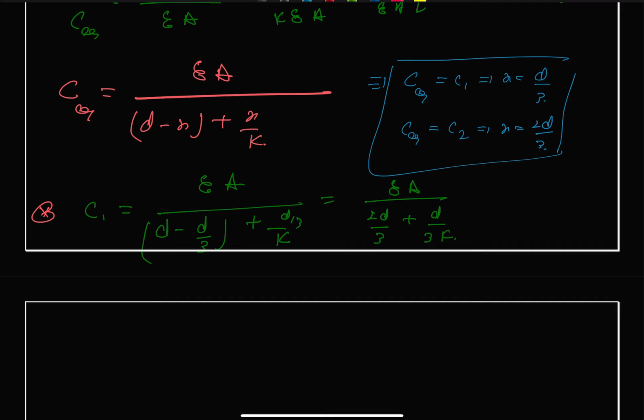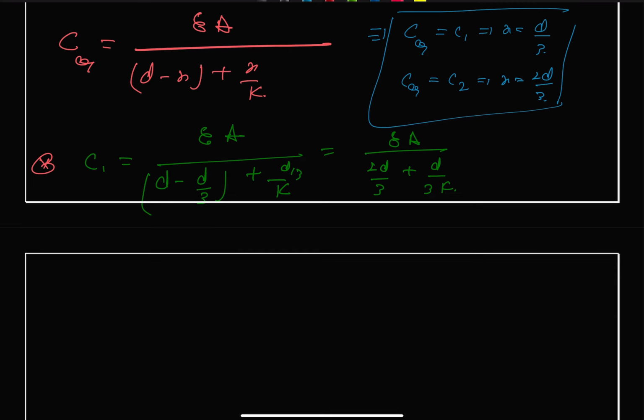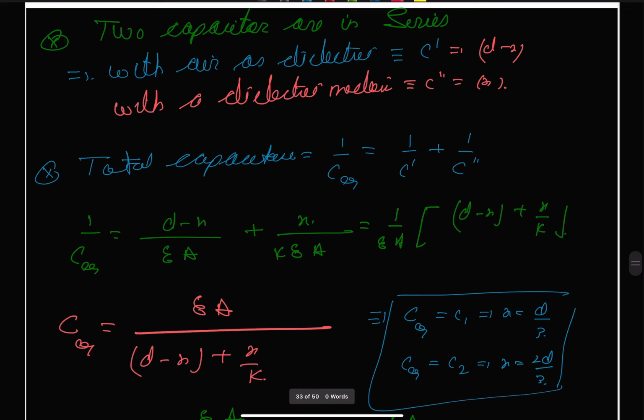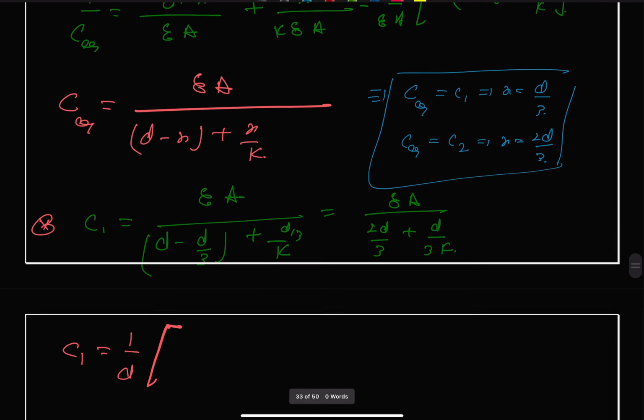Okay, so we can solve it further. We get this as C1. We can take D as common, and we get 1 by D. Because C1 is given to us, we can just substitute the values.